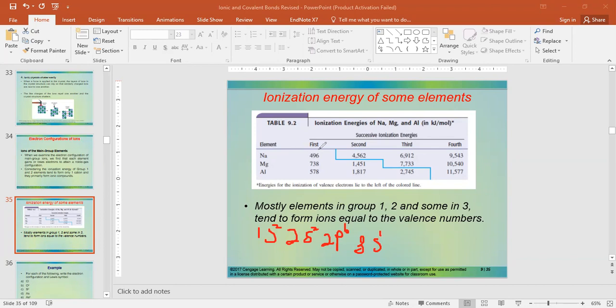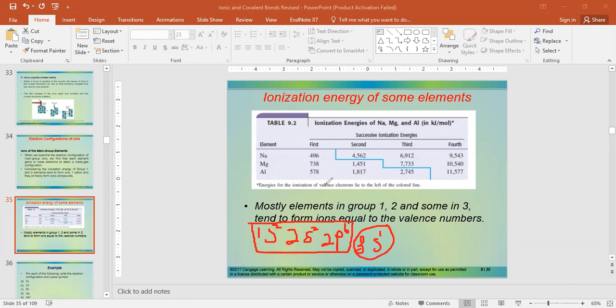So this first ionization energy is the energy required for the loss of this electron. And what happens after the first ionization energy, you get a noble gas configuration.